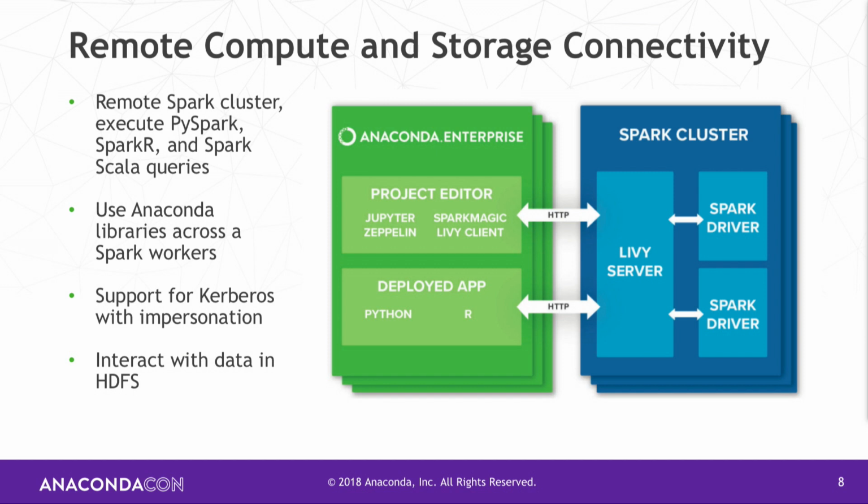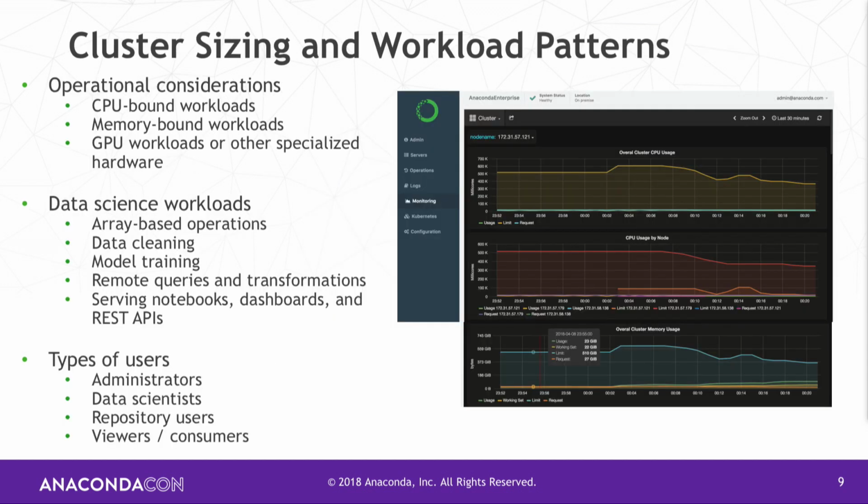It doesn't depend on living next to or inside of these types of clusters, but it talks about how we have clean inputs and outputs to those remote servers, in this case Spark. So you can use something like Anaconda Enterprise to distribute Anaconda libraries across a Spark cluster. We have support for Kerberos with impersonation. You can interact directly with data in HDFS like Daniel showed. And this is just one example, but you can think about the many other types of data sources you might be connecting to and your data scientists might be connecting to.